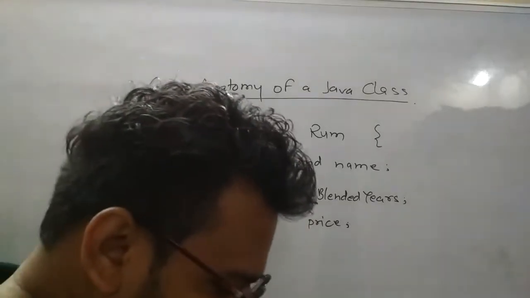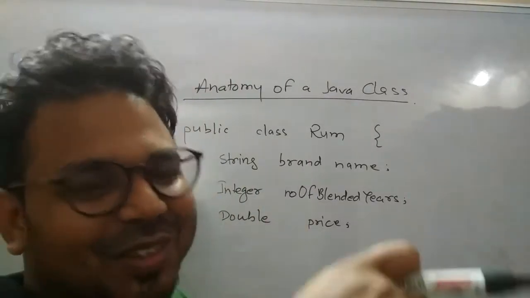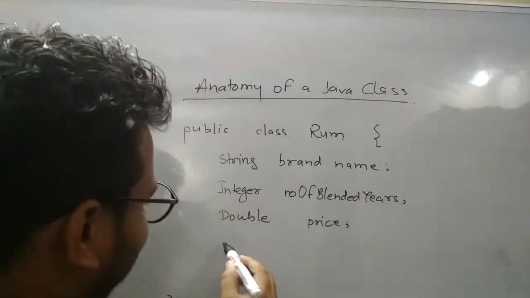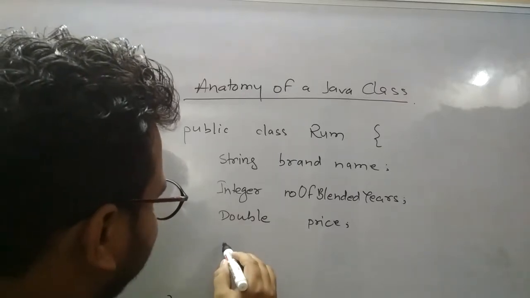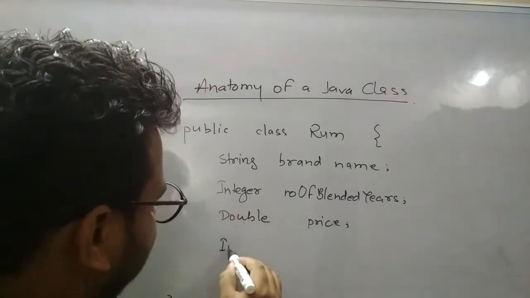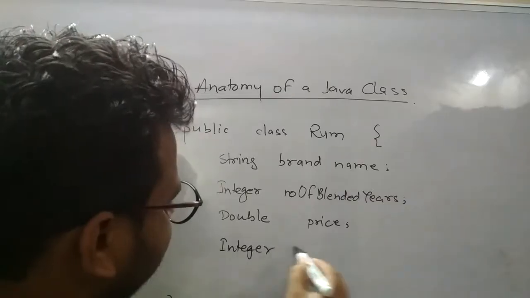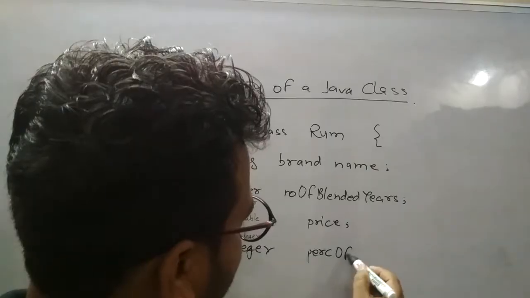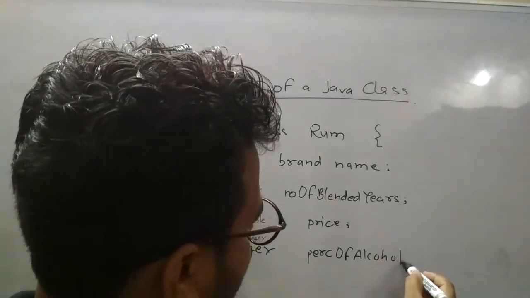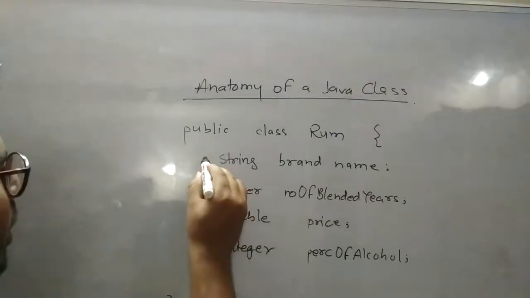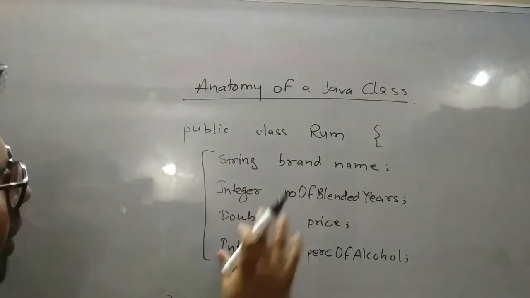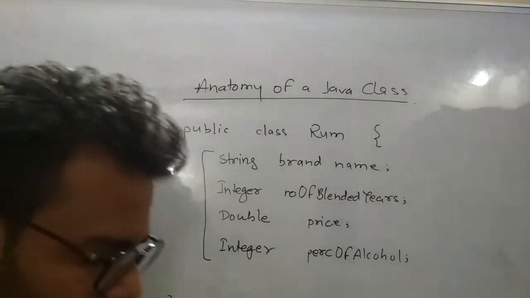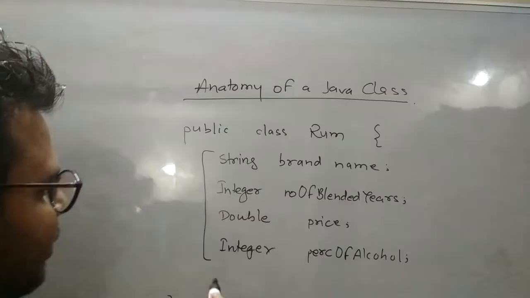And the alcohol content, which is very important, will be in percentage, so let it be an integer as of now: integer percentage of alcohol. These four things represent the state of our object, that is Old Monk.